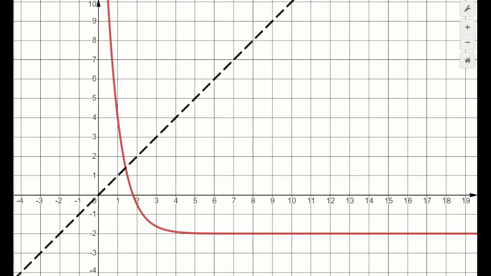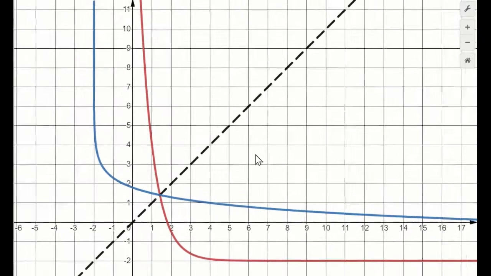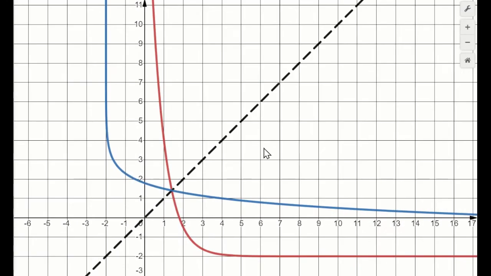Okay, so now, ladies and gentlemen, as a preview ahead of time, this is the graph of the inverse function, the graph in blue that I just brought up right here. One more time this confirms that the function in red has an inverse.